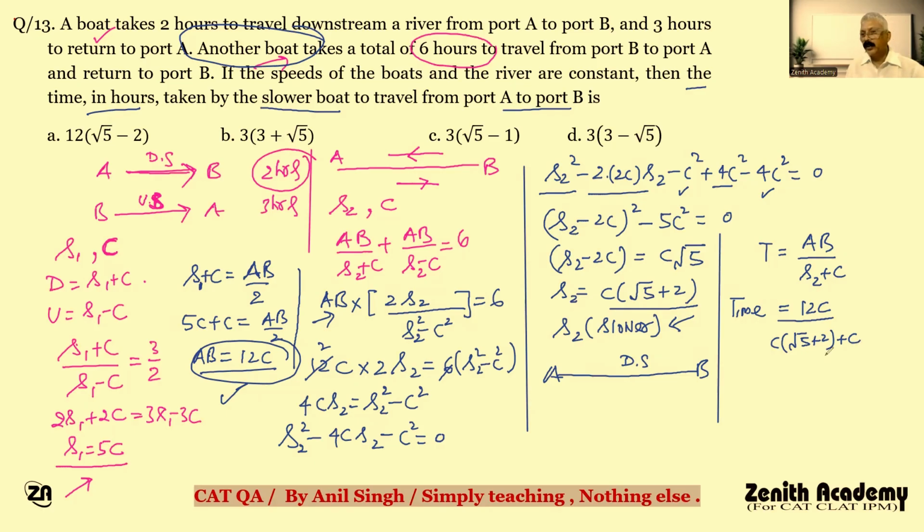So if I take C common, then it is 12 upon C and C, this is root 5 plus 3. C and C will be cancelled, numerator and denominator both. And now no such value is given, so rationalize it. It is root 5 minus 3 multiplied.